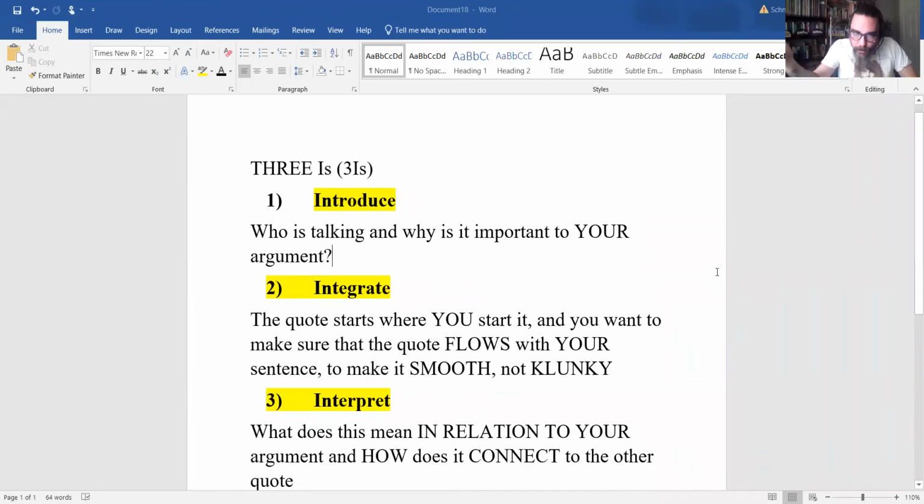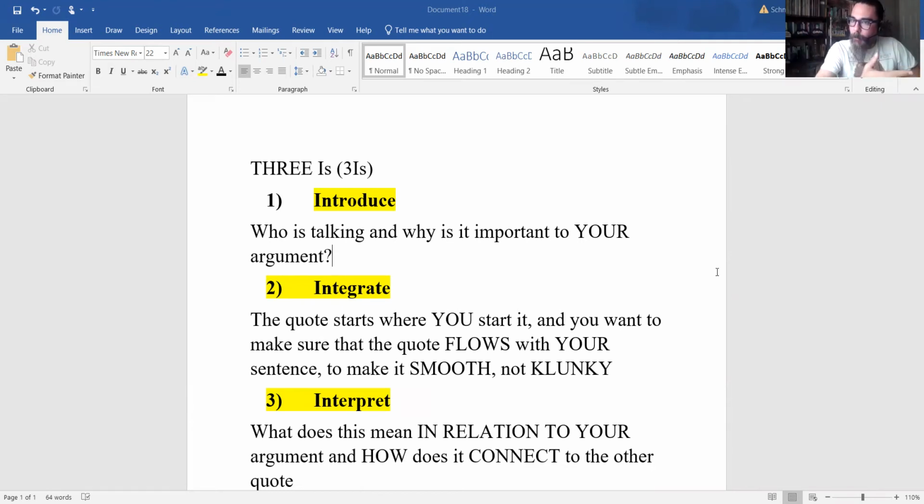You introduce who is talking, give it a little bit of context, and then you integrate it. You start your quote wherever you want to, but you make that quote flow with your own sentence. You want to make sure that the grammar works, and I can show you some bracketing that would really help you with that. And so you basically quote what you need to quote.